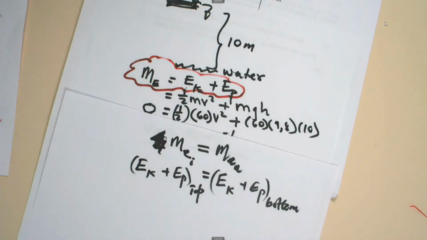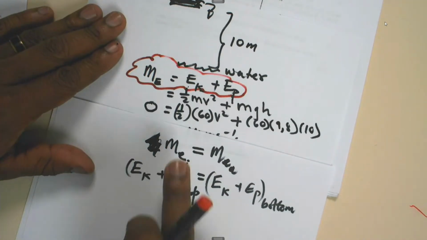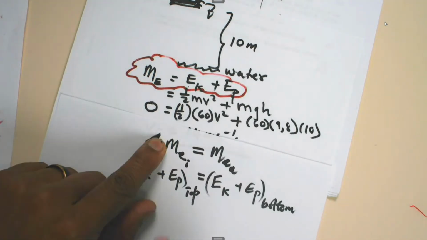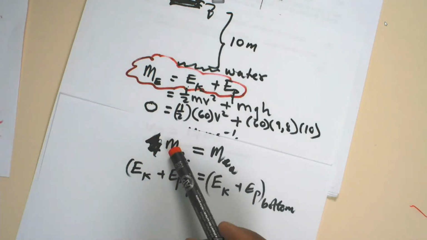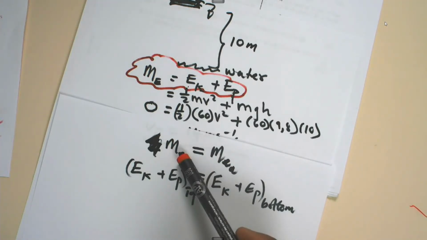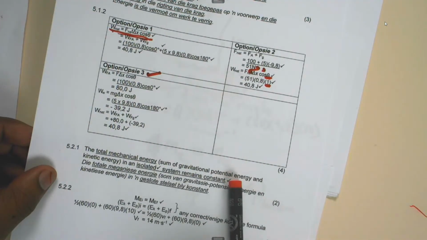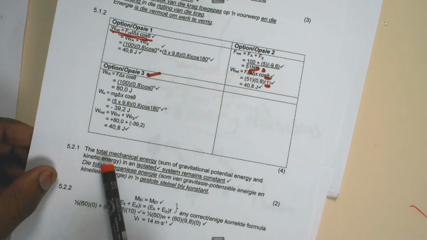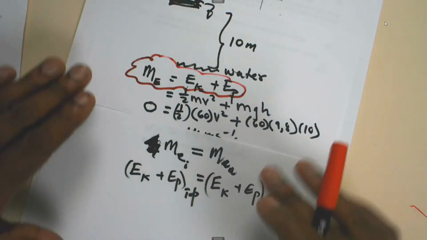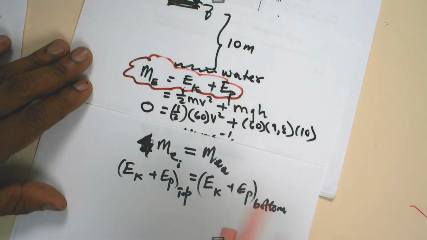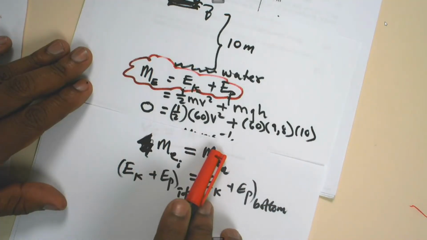So this is the principle, because it says now the total mechanical energy in an isolated system remains constant, or the sum of gravitational potential energy and kinetic energy in an isolated system remains constant. So the difference already can be seen that I am applying the principle here.